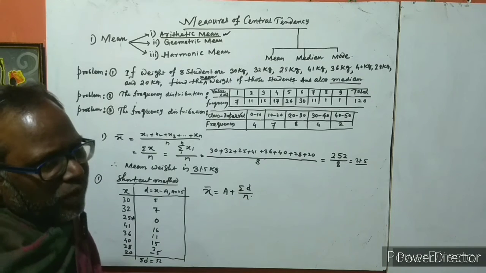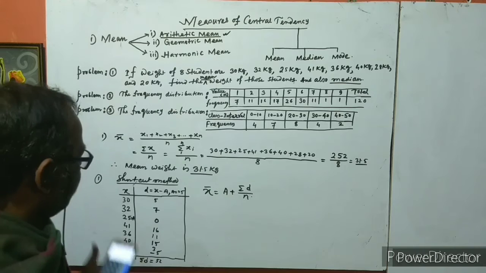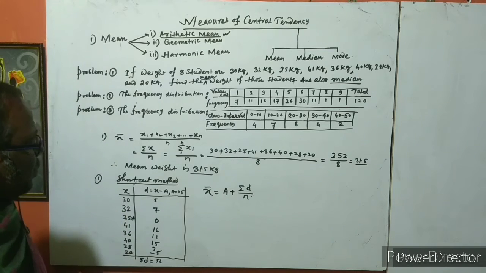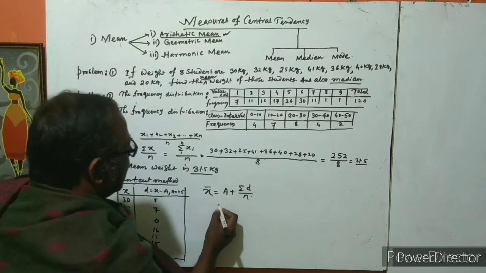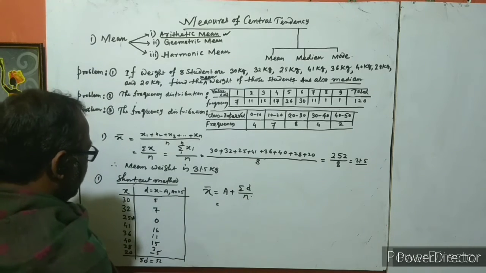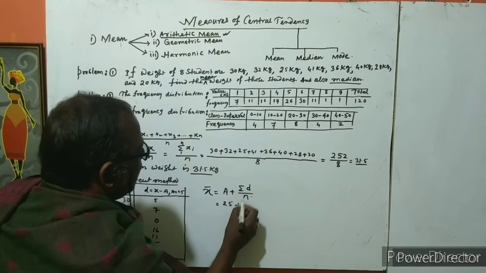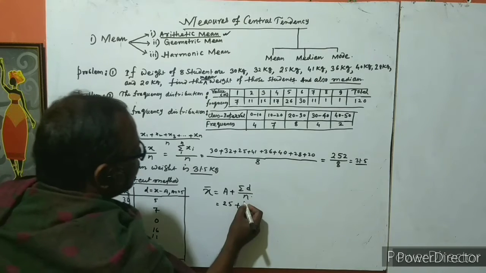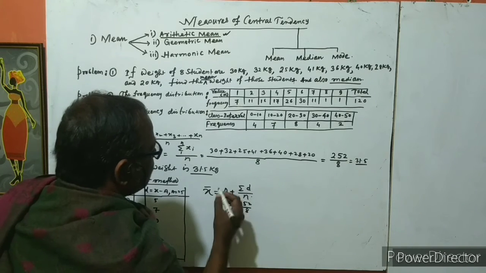But how is this formula derived? After the discussion about this problem, we will introduce how this formula comes. Now see here, a is 25, summation d is 52, and n is 8.